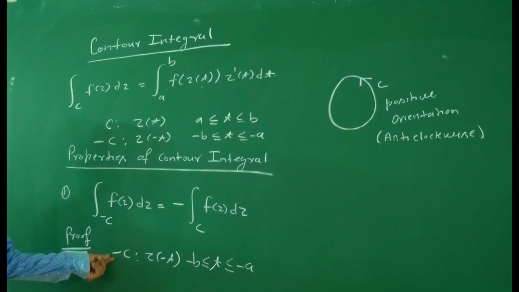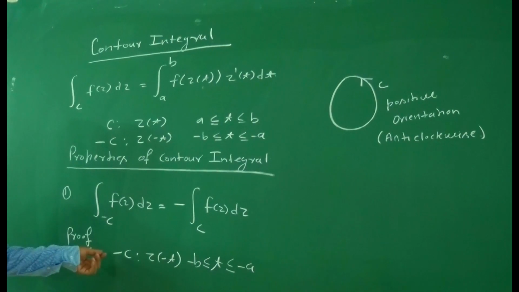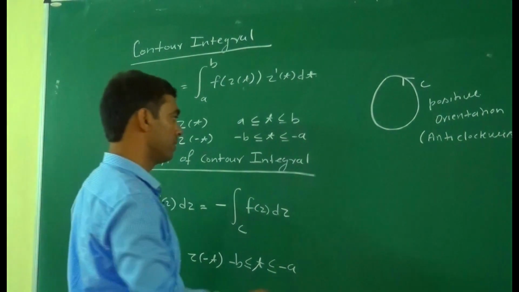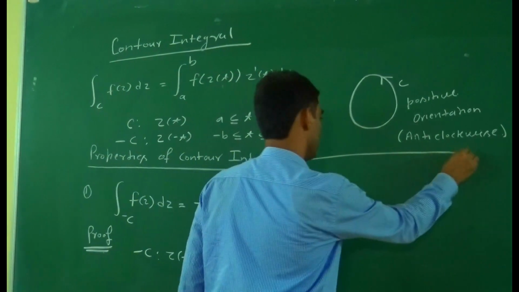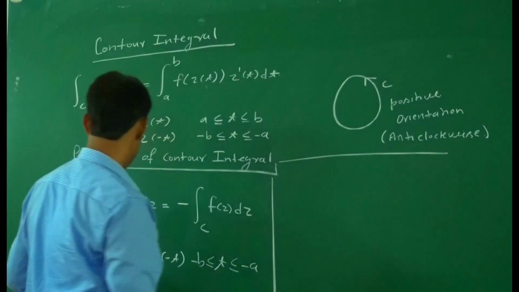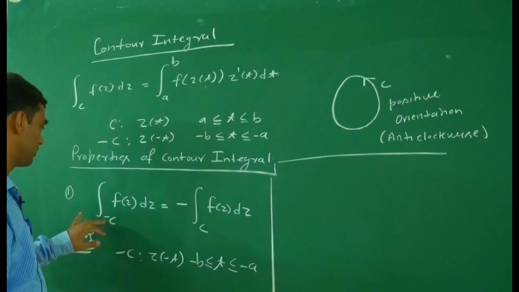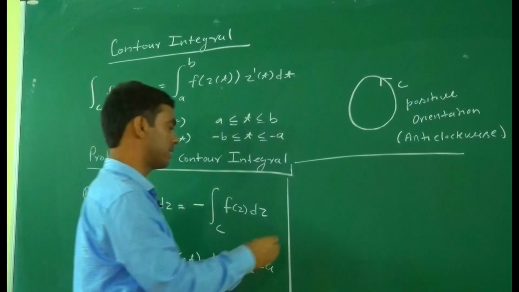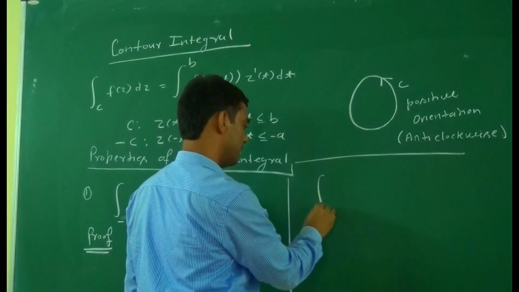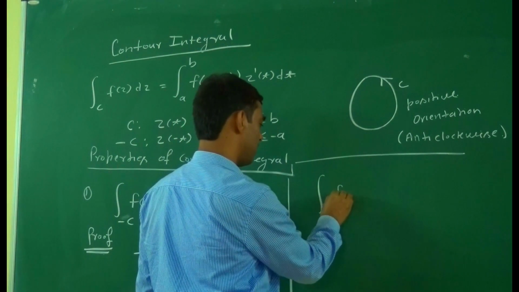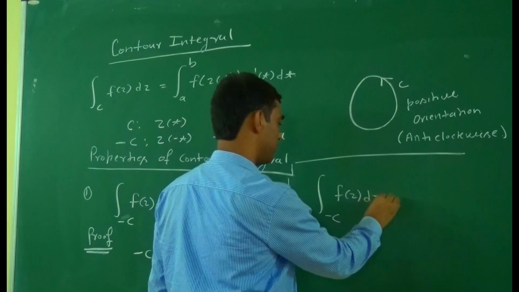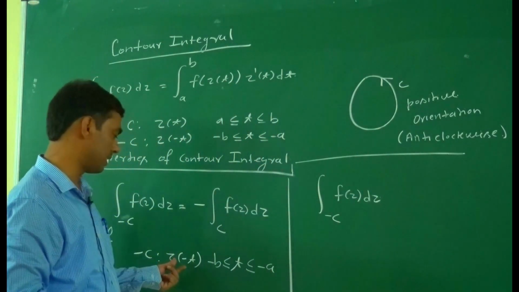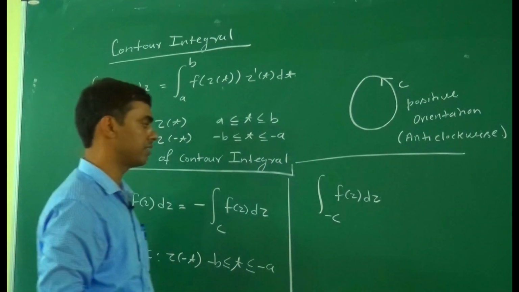This is the definition of minus C, a negative orientation of the curve C. Now, if we write the integral over minus C of f(z) dz, in place of z we write z(-t).